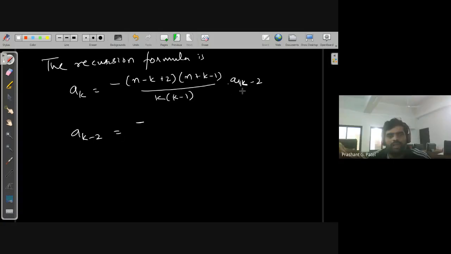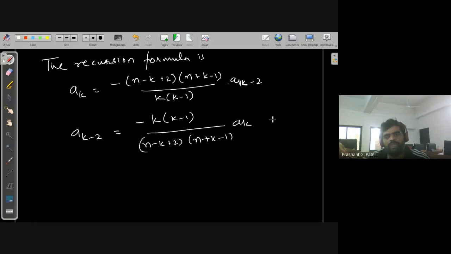Or I can just take this quantity to the other side, so that ak into k into k minus 1 equals minus of n minus k plus 2 into n plus k minus 1 into ak minus 2. Let me call this equation 3.